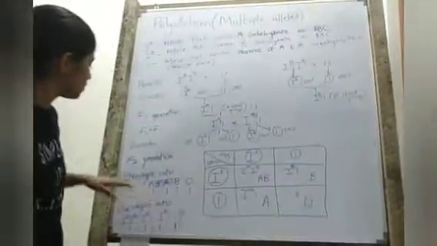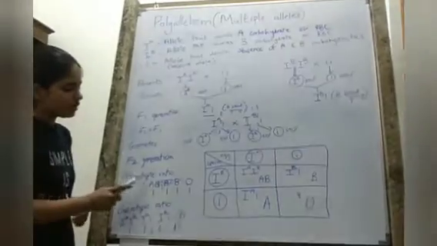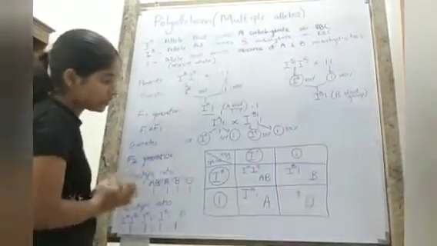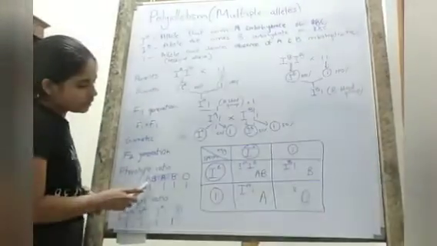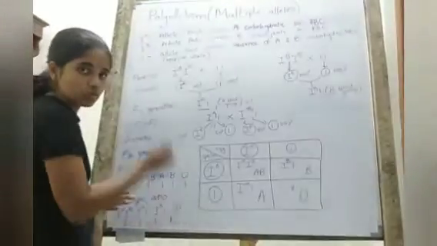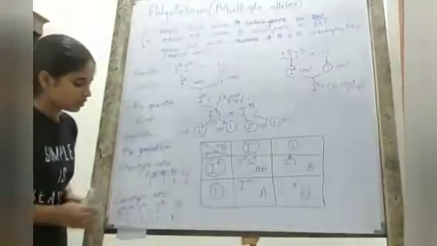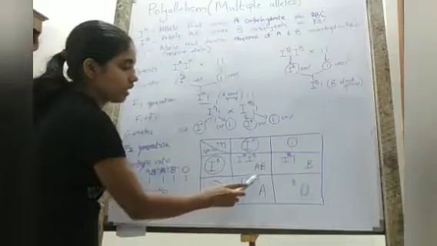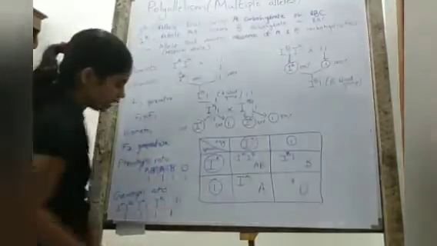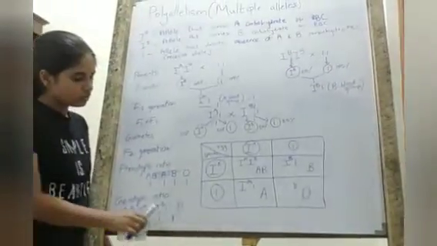And then we can write out the phenotypic ratio. So the four possible phenotypes are there: A, B, AB and O in the ratio 1 to 1 to 1 to 1. The genotypic ratio is also the same: IA-IB, IB-I, IA-I and simple I, simple I. The ratio is 1 to 1 to 1 to 1.